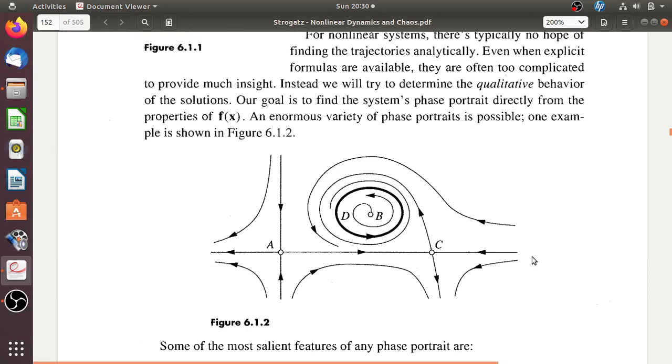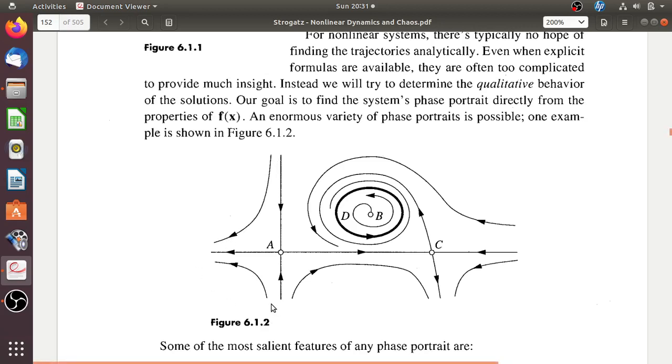From the phase portrait we could say that this is an equilibrium point, and there's one more equilibrium point. We could also say that if this is my initial condition, the system is going to have a fate like this.